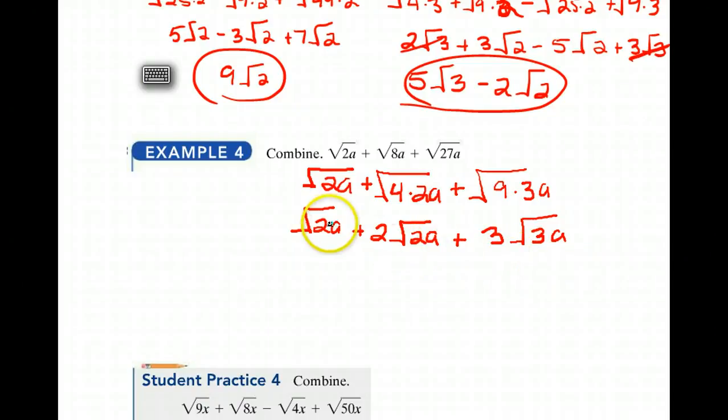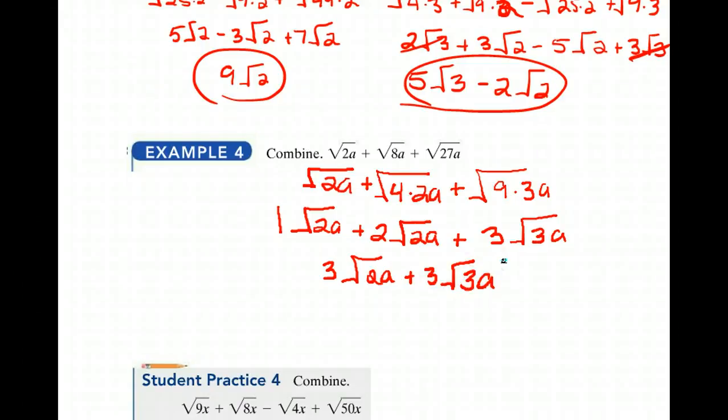And remember that in front of a radical that does not have a coefficient, there is an understood 1. So you can combine those. So we have 1 plus 2 makes 3 root 2a plus 3 root 3a. And that will be our final answer for that problem.